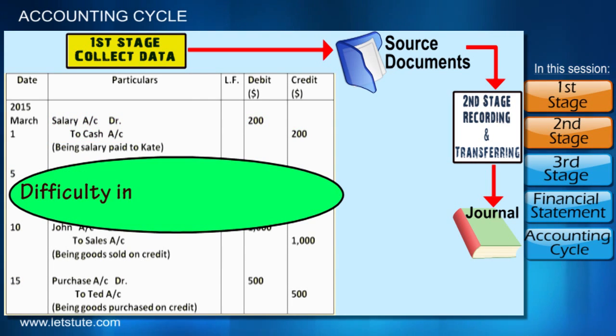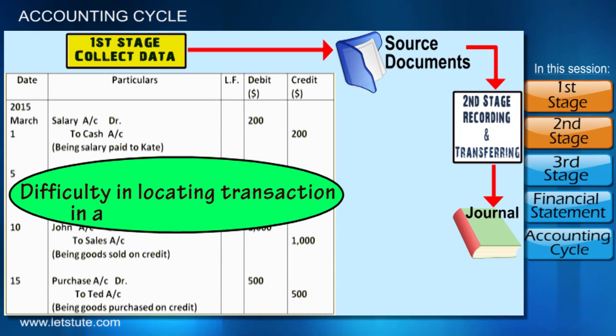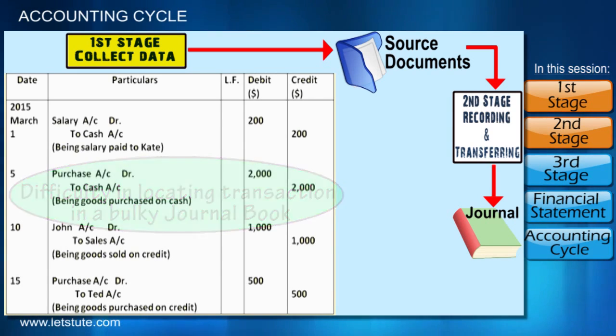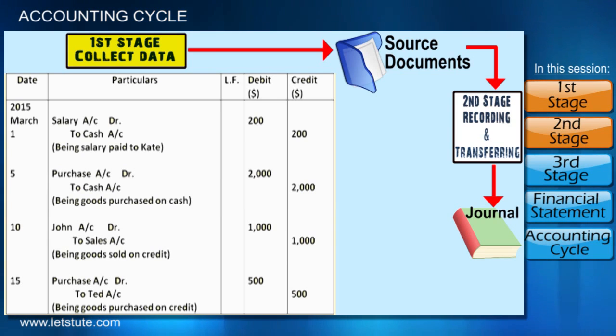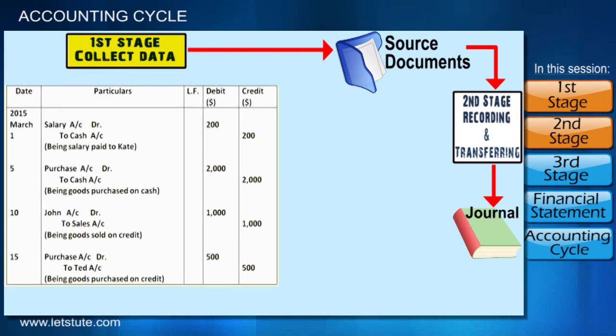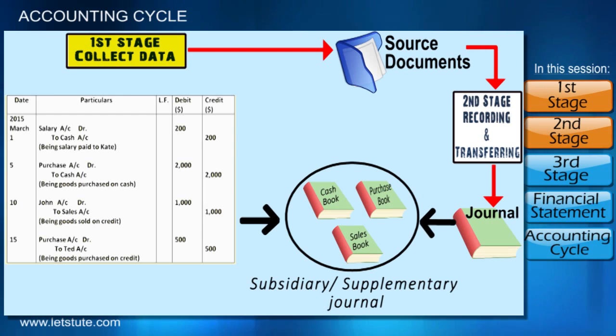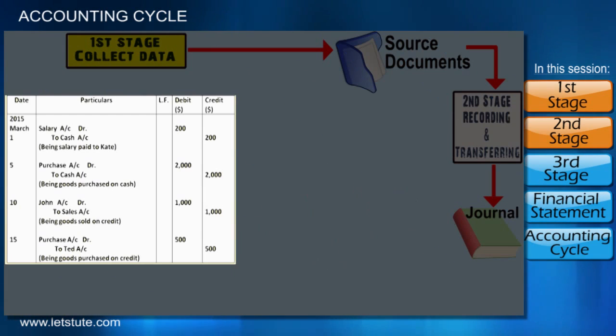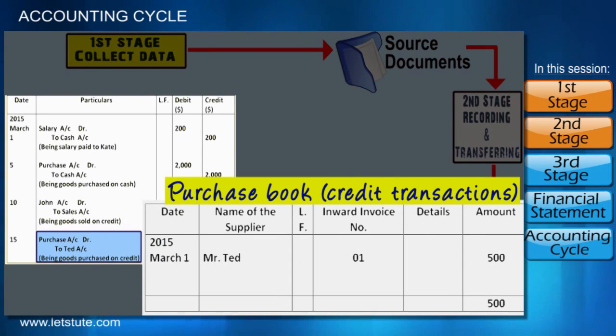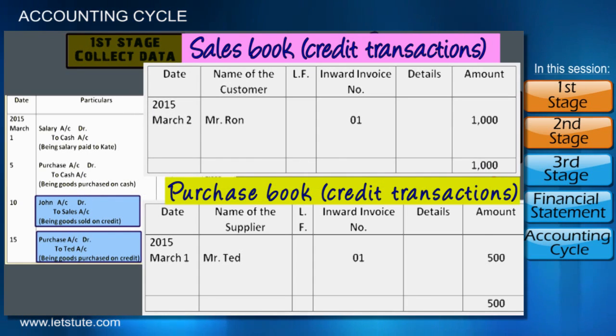However, it is difficult to locate transactions in a journal if the company is relatively big and has thousands of transactions in one particular accounting period. So these companies prefer dividing their journal into supplementary or subsidiary journals like purchase book, sales book and cash book, etc. instead of one entire journal book.